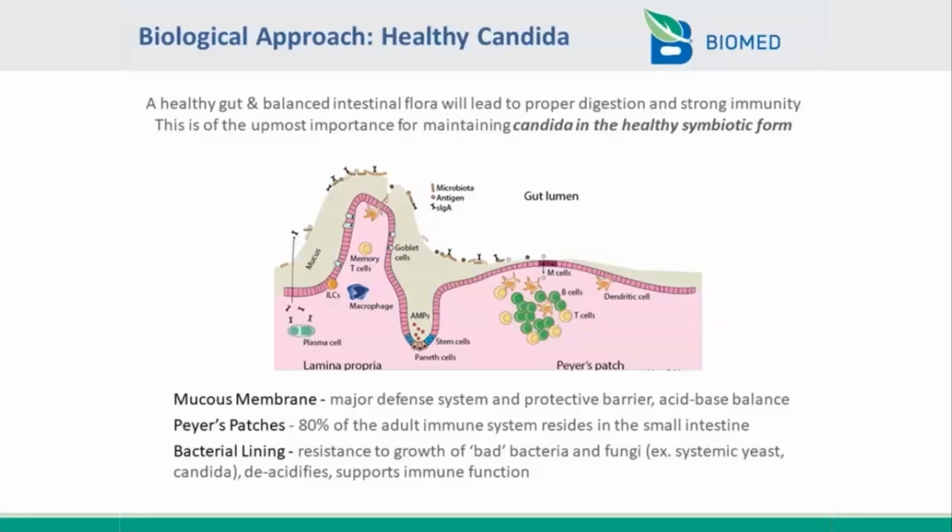Because this is what's often damaged. And as Heather stated earlier, you get that leaky gut picture. So this is really a key component of the biological medicine approach to downregulating Candida. So if you repair that lining, you coax Candida out of the mucous membrane, you drain the mucous membrane, you can really start repairing these cell walls, these bacterial linings, the gut lining.